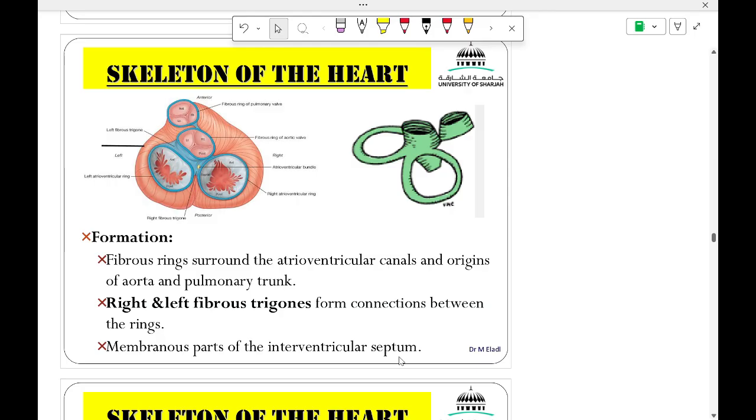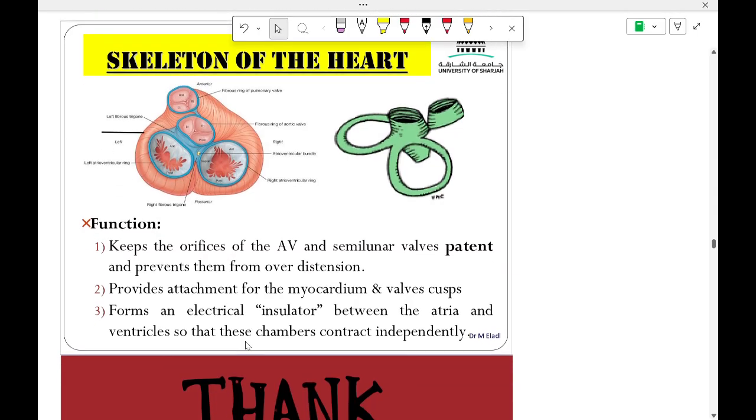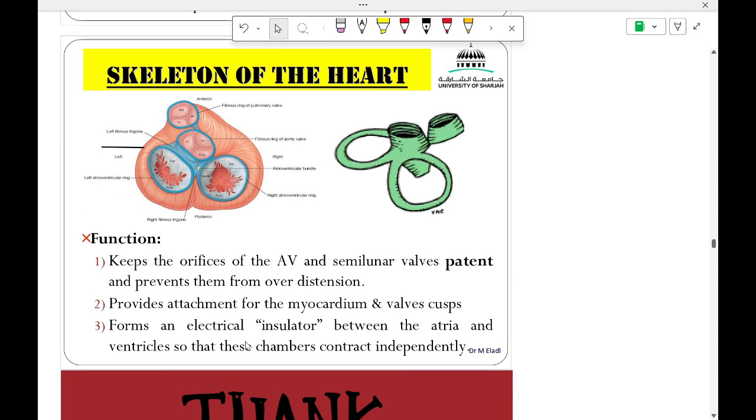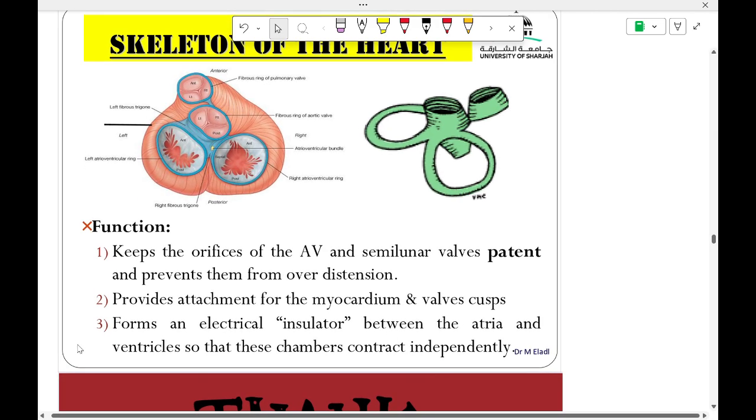So this is the region where we don't see muscles, but rather we see fibrous tissue, okay? Now, the skeleton of the heart is really important in, as I said earlier, making sure that all of these openings, the valves and the openings that lead into the aorta and the pulmonary arteries remain patent, and at the same time prevent them from being overstretched.